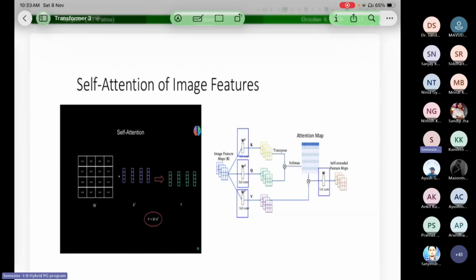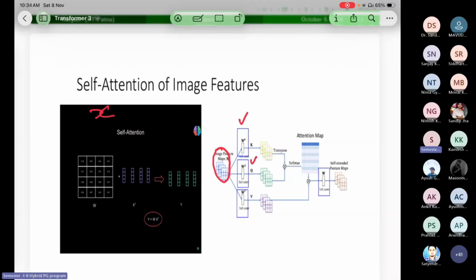So if you see here, it's having X, similar to what we have seen in the example, where we had X here. Now they have applied three fully connected layers here.